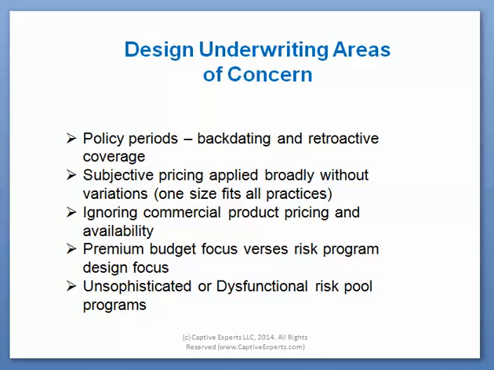The other area of concern is subjective pricing of policies, just applied broadly to different client facts and circumstances without any meaningful price variation. I know independent underwriting and actuarial work could get really expensive to the degree you'd want them to customize every single policy and price, but I think that's a trend which should be pushed for by practitioners in the industry, even if not because of regulatory concerns.